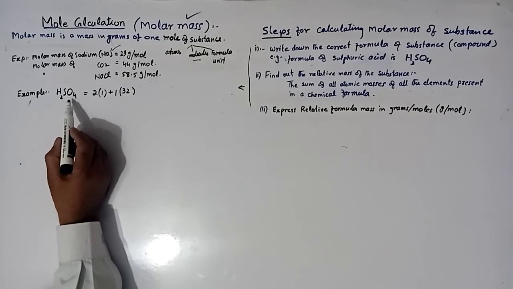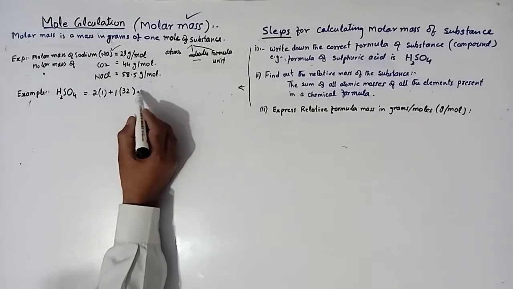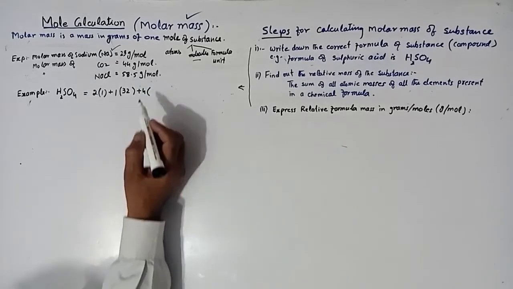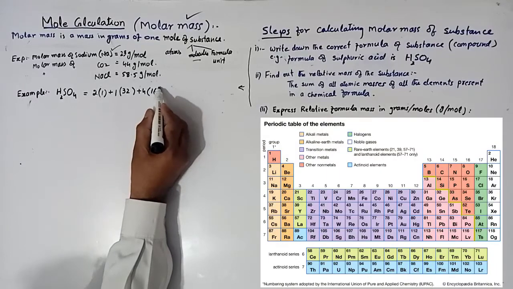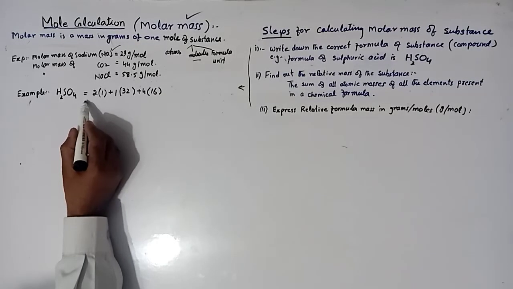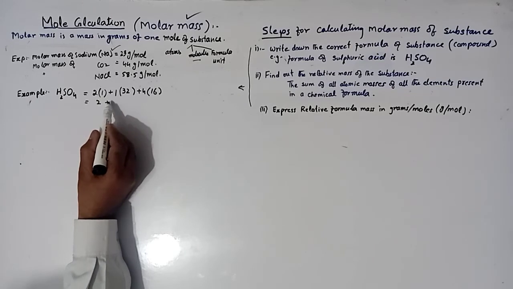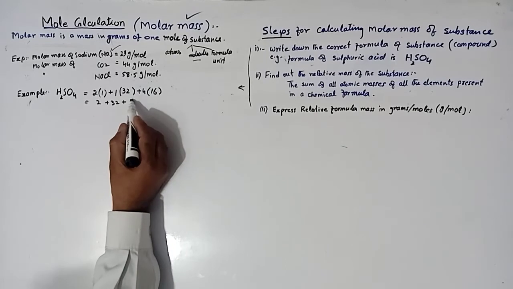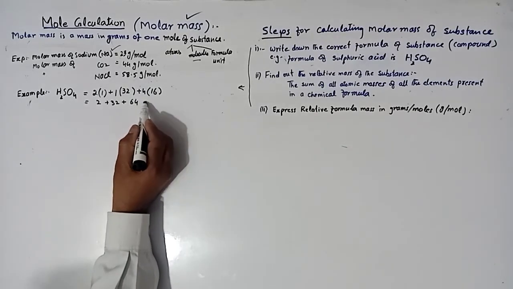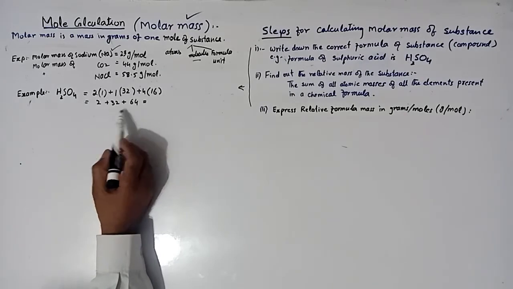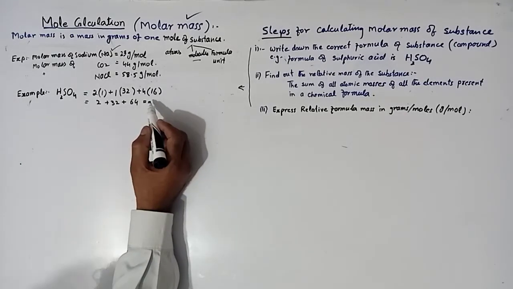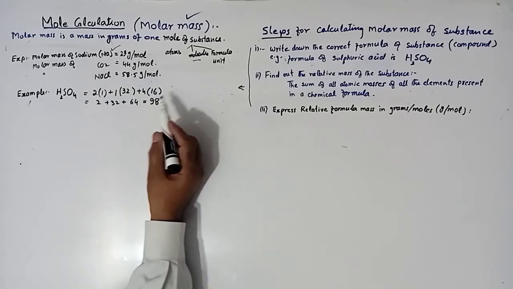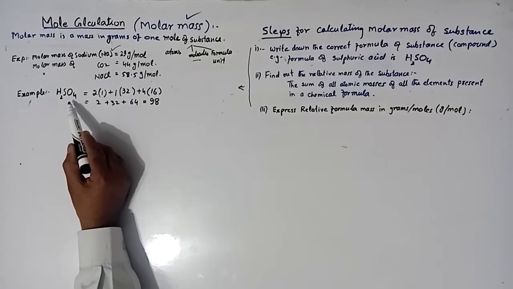And oxygen, there are 4 oxygen, plus 4. The atomic mass of oxygen is 16. Now 2 plus 32 plus 16 fours are 64. So add all these figures, we can get 98.